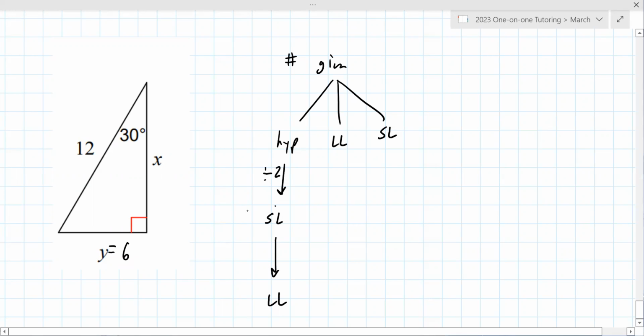Nope. Wait, that can't be right. That's correct, it cannot be right. I'm multiplying by square root 2, right? Nope, square root of 3.